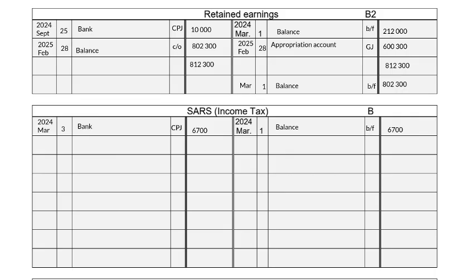To square both sides, the debit and the credit side. Then on the 28th of August, we made another provisional payment of 145,000 Rand. So on the debit side, we are going to say August 28th.